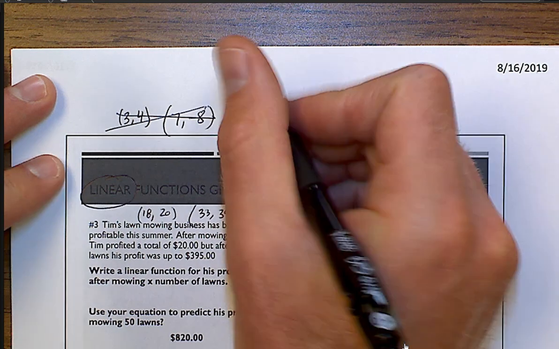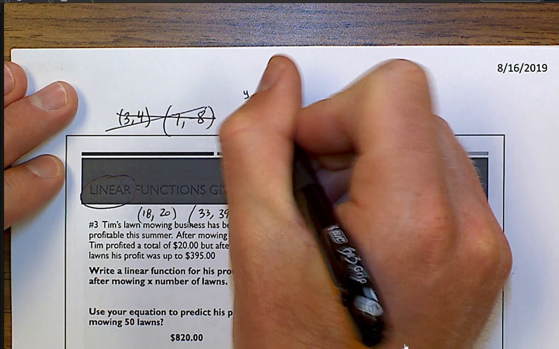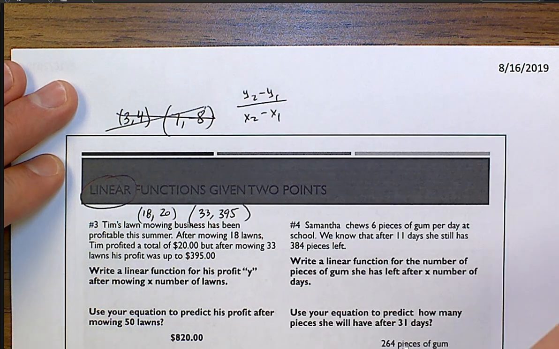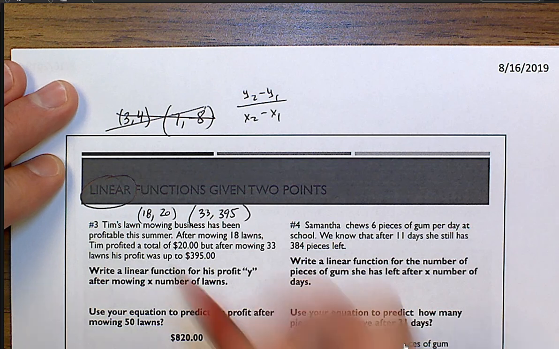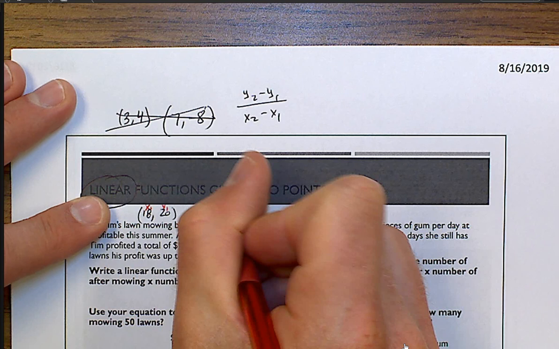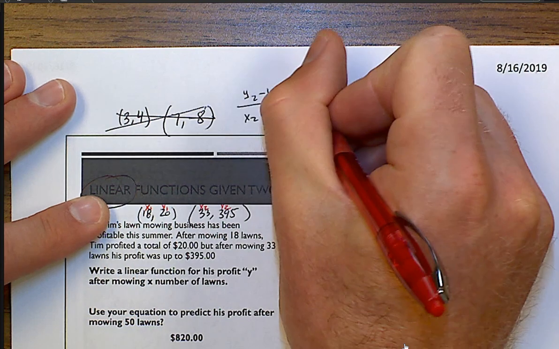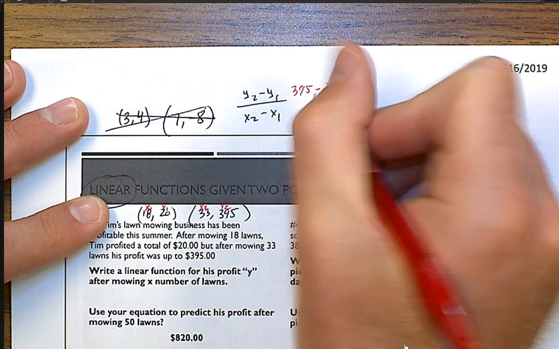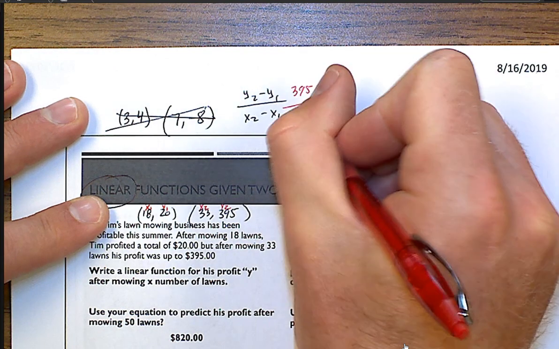Remember, slope is y2 minus y1 over x2 minus x1 from your finding slope days. So what you can do is label these how you would like, x1, y1, x2, y2. And I'm going to go 395 minus 20 over my x2, which is 33, minus 18.